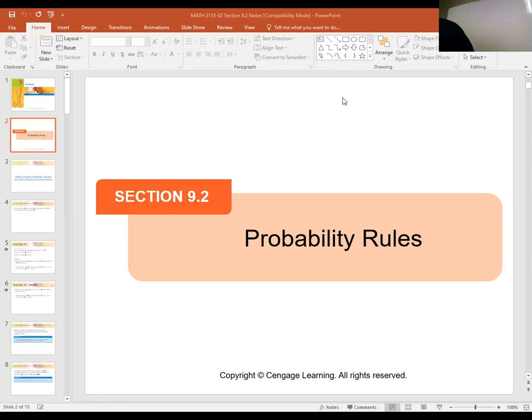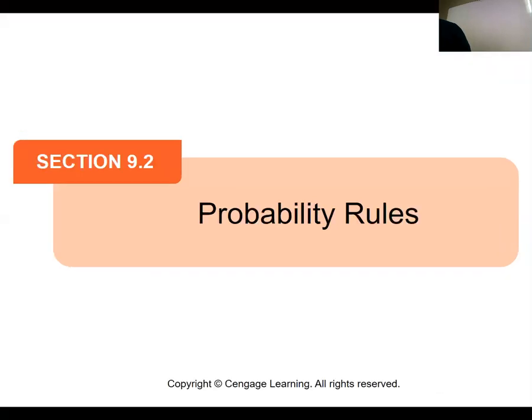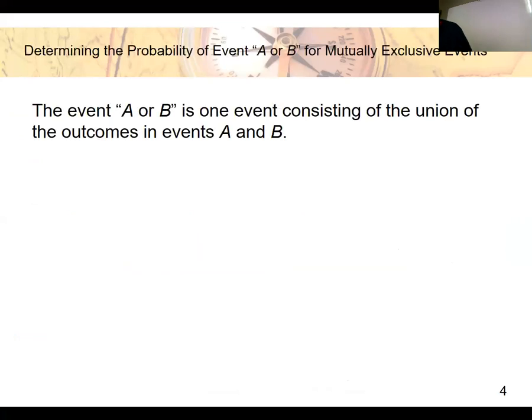Okay. So let's start with determining the probability of event A or B when we're dealing with mutually exclusive events.